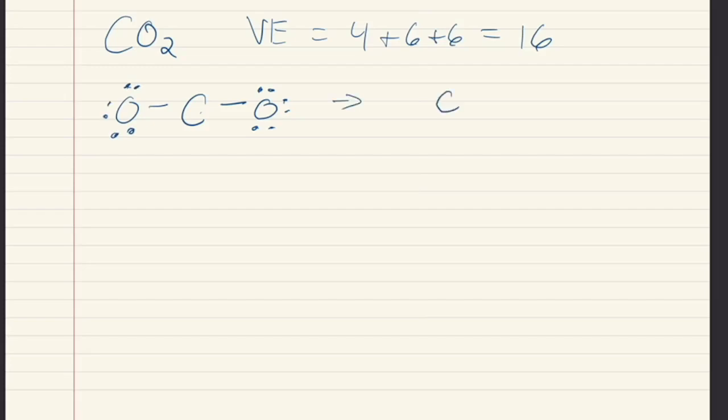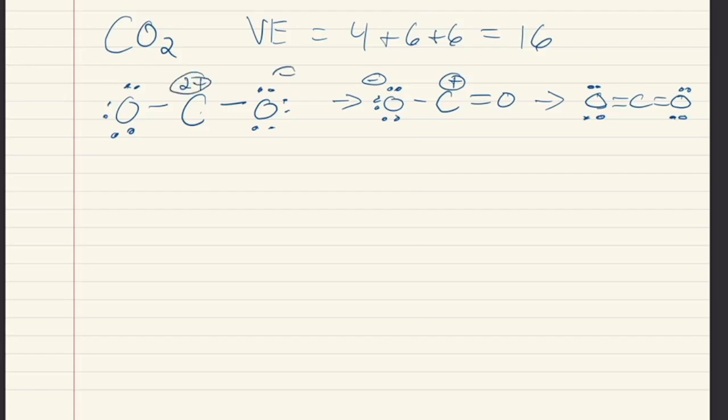We then create double bonds, and we find ourselves with the final Lewis structure. Each of these was from the creation of a double bond.